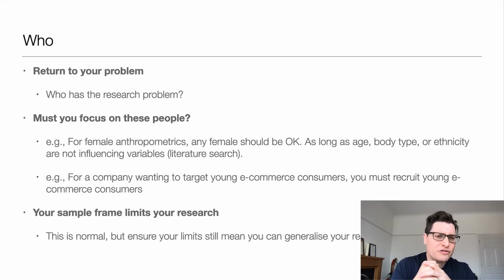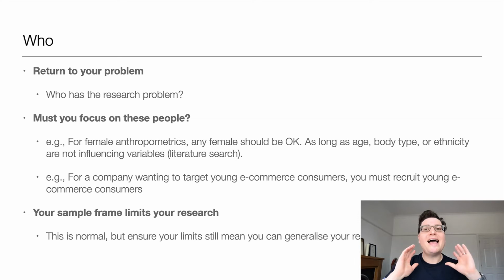So go back to your research problem. Who has the research problem and what's it about? If a company or industry overall is talking about young people not shopping on the high street, then doing a design project around high street shopping, excellent.